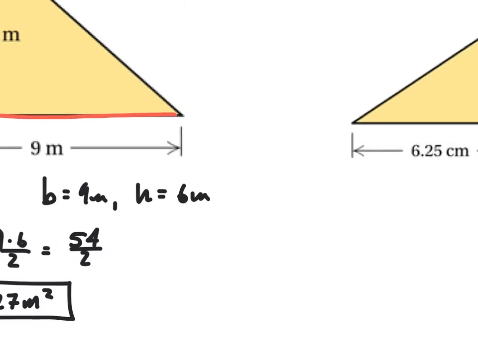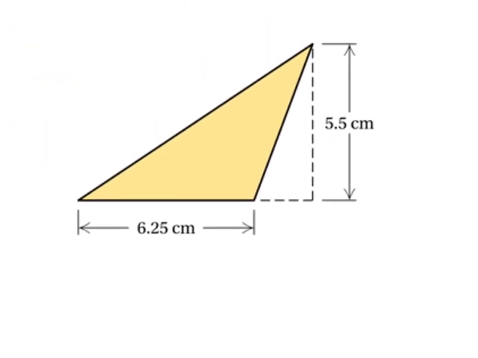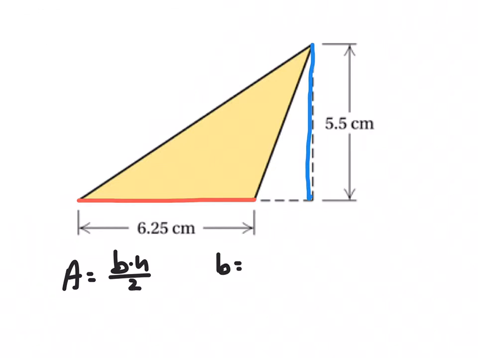The next one is one of those that we kind of talked about, where I said make sure we label our base, our bottom piece, but then we need to be able to label our height, which is the distance from the top down to the bottom. So for the area, I'm still going to do base times height divided by 2. My base is equal to 6.25 centimeters. My height is equal to 5.5 centimeters.